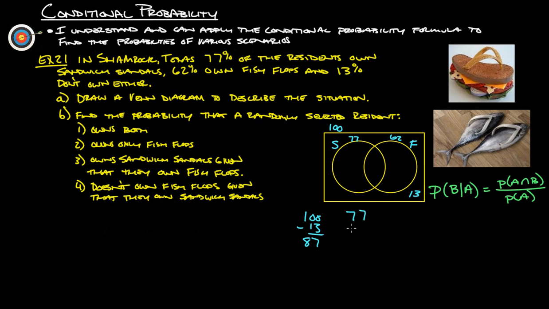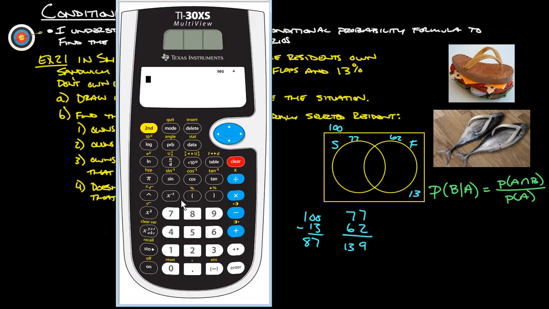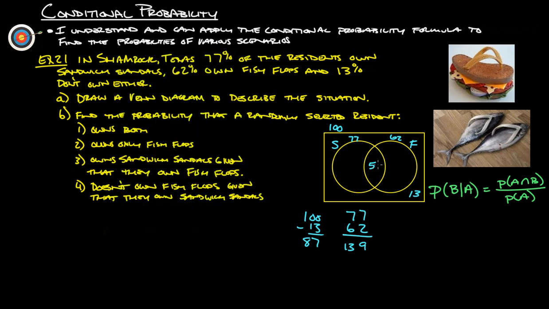If we take 77 and 62 and add those together, we get 139, which is way too big. So we take our 139, subtract 87 to find out how many got counted twice, and 52% of the people own both fish flops and sandwich sandals, that's what it's called.